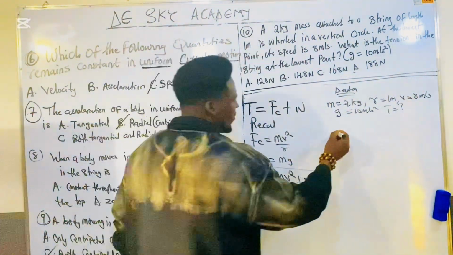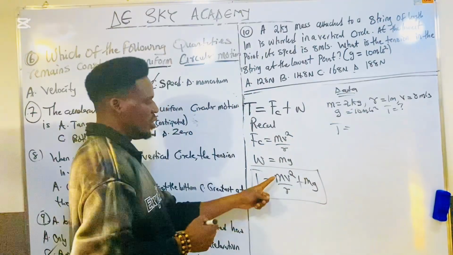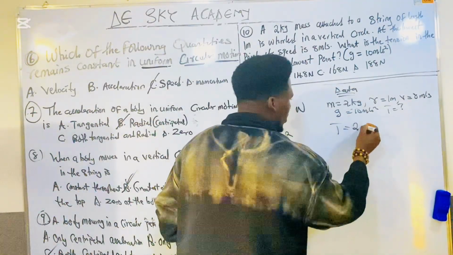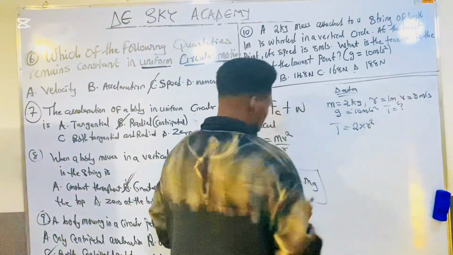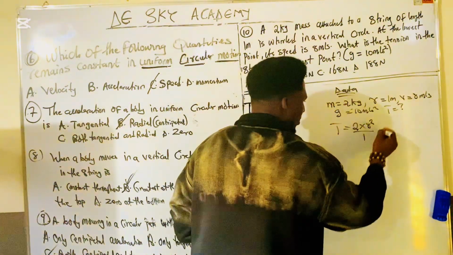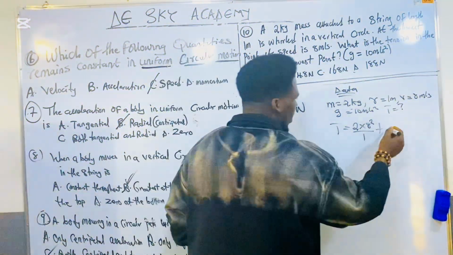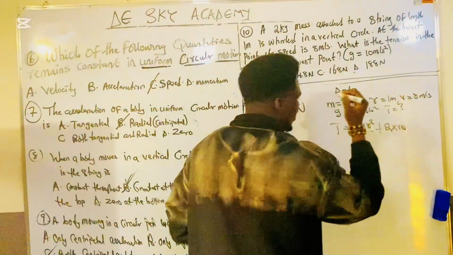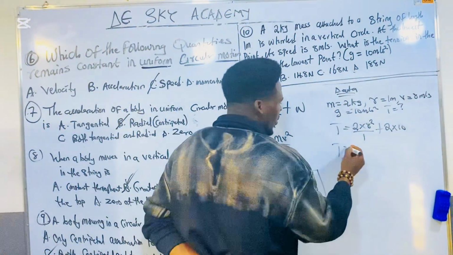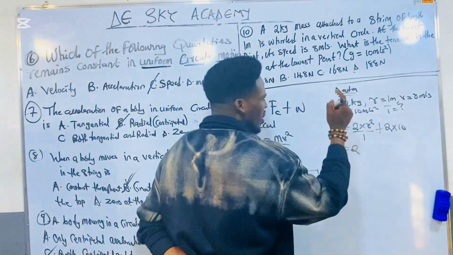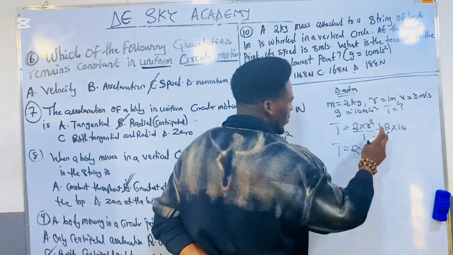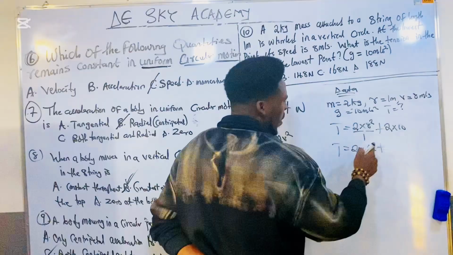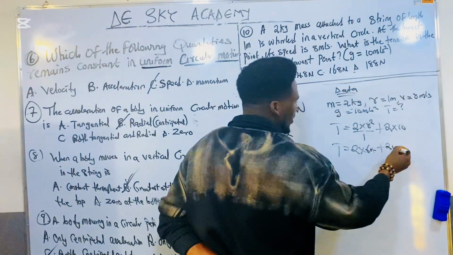That means I will apply this formula. Tension will now be equal to, what is the mass? 2 times, what is the velocity? 8 square all over 1 plus mass here is 2 times 10. So how do we solve this? You have that the tension is 2 times, what is 8 square? 8 square is 64. Then plus 2 times 10 is 20.